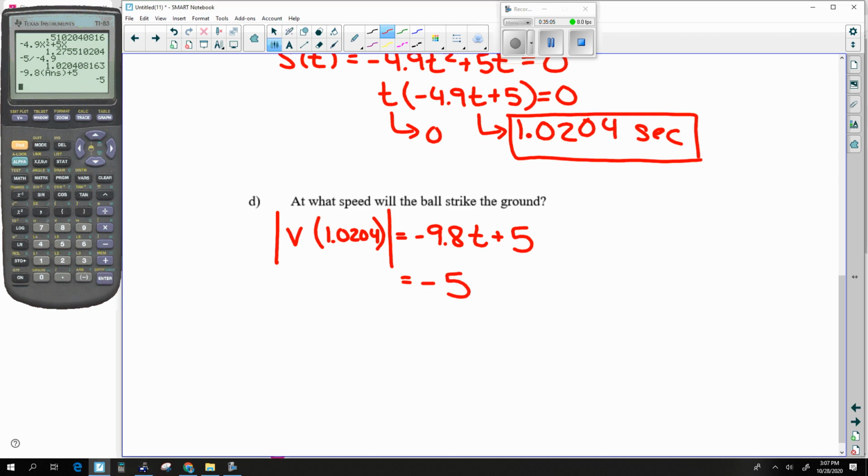So this is technically -5, so speed is going to be 5 meters per second. I don't think I took that into consideration on making the answer key, because I think I overlooked the word speed. The speed is velocity, but it's just always positive.